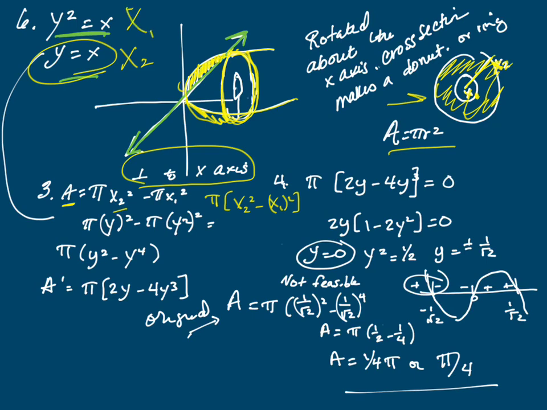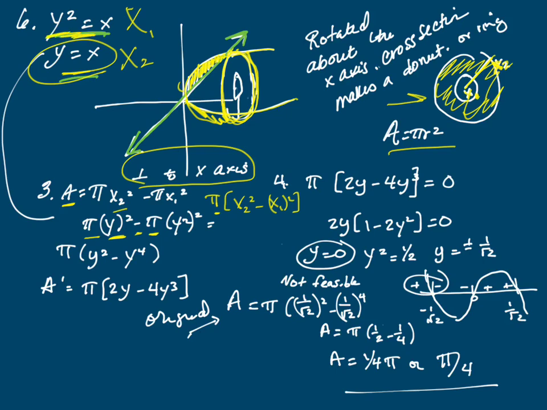So substituting in what you have for x2 would be pi y squared, because I have x equals y, minus pi, and instead I just factored out the pi first right here. And then y squared would be your other x, and that's squared.